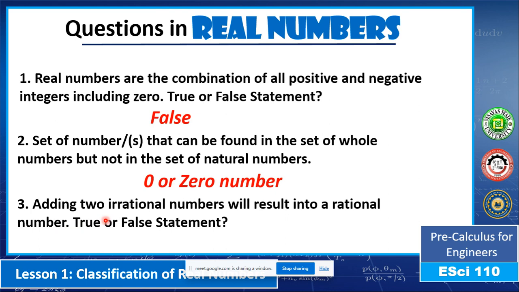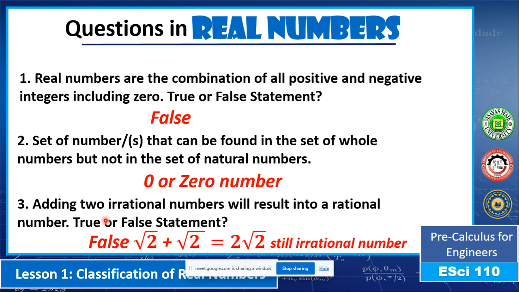In some cases, we can say this is false, because for example, if you add pi plus pi, or pi plus 3 pi, still 4 pi, there is still a pi, so it's still an irrational number. Also, if we add square root of 2 plus square root of 2, it equals 2 square root of 2, still an irrational number. So I've just said to you, in some cases.